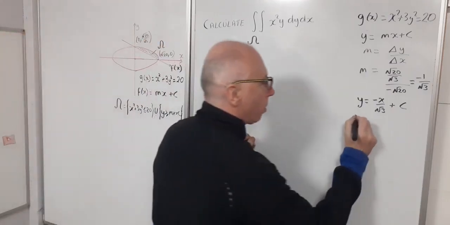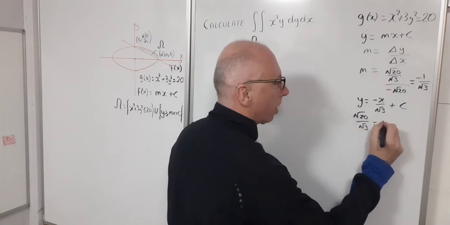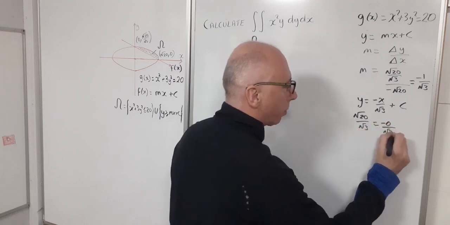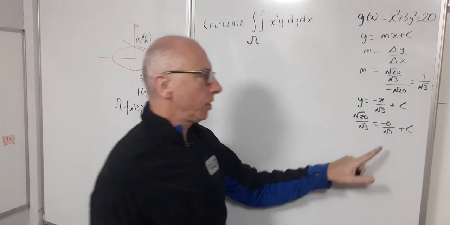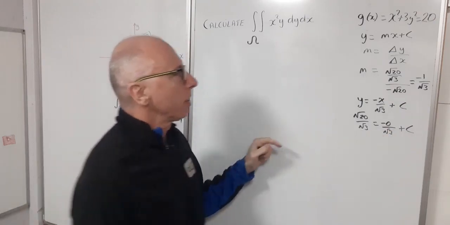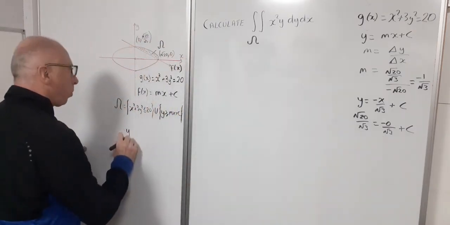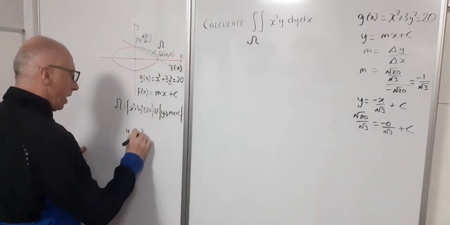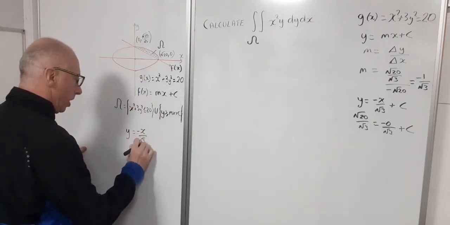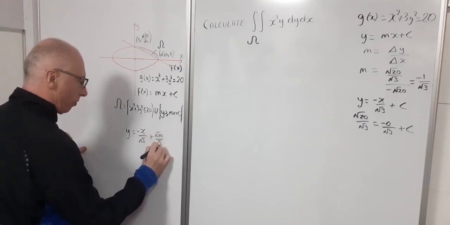So we've got root 20 over root 3 equals minus 0 over root 3 plus c. Obviously that counts to nothing, so therefore c is the same as this side. So our function there, f of x, that's going to give me y equals minus x over root 3 plus root 20 over root 3.